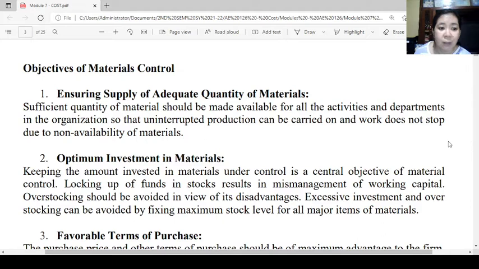Second objective is optimum investment, meaning the amount invested in materials should be kept under control. Just like what we have mentioned earlier, the cost or the capital should be minimized, but at the same time it should not sacrifice the quality of the materials that the entity is purchasing.